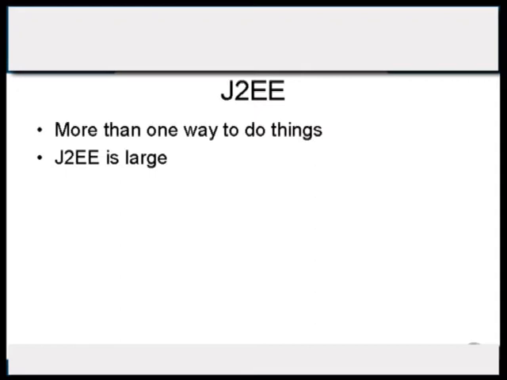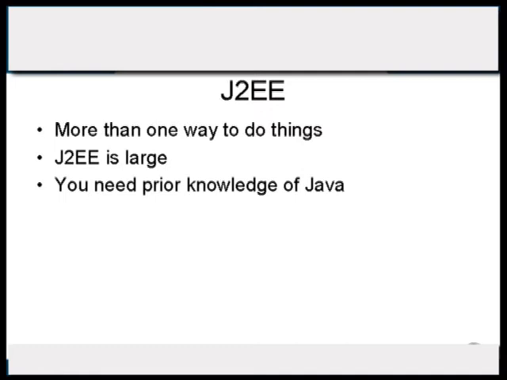When you finish this course, you will understand J2EE, and you will know how to use it, but you won't be an expert. There are a few things that you'll need to know before you start. To take this course, you should already know how to program in Java. All through this course, the assumption is made that you know how to write Java classes and that you can read and understand Java code.